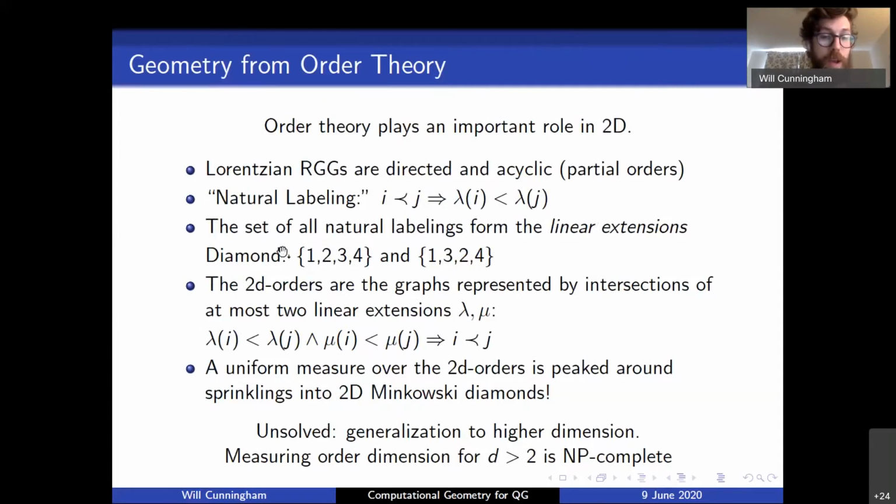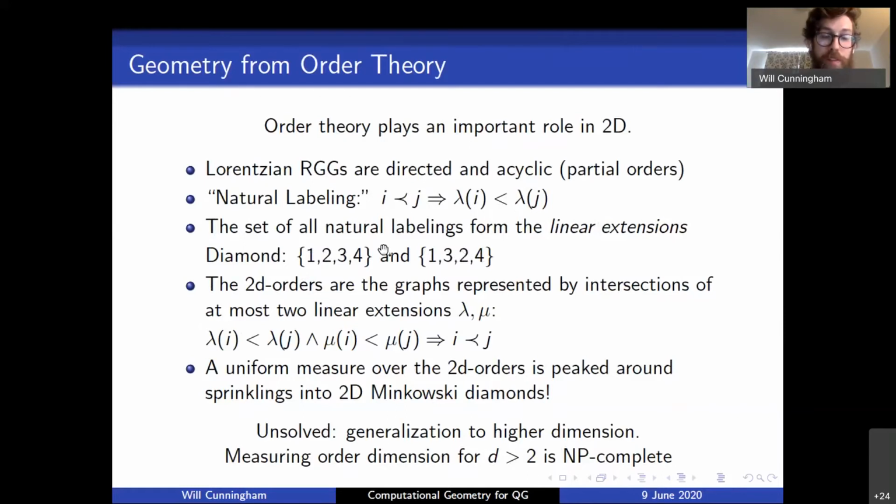For instance, for a diamond, you might use the sequences 1, 2, 3, 4 and 1, 3, 2, 4. What that indicates is that this element 1 is going to be at the base of the diamond. It is going to precede all of the other elements in both of these orderings. 2 and 3 come in opposite orderings in these two, and so that represents this disconnected pair in the middle of the diamond.